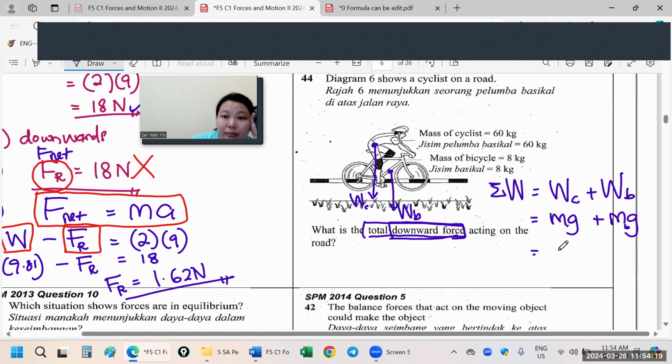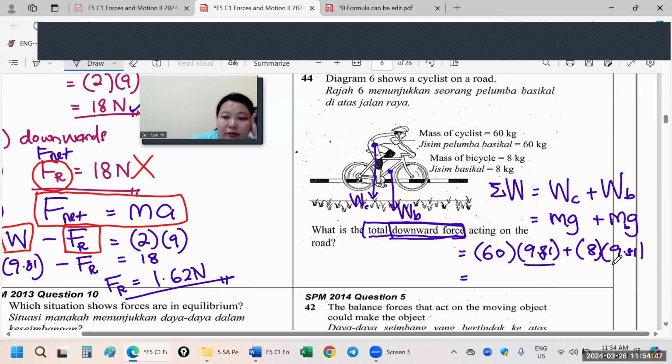So m is 60 times 9.81 plus 8 times 9.81.